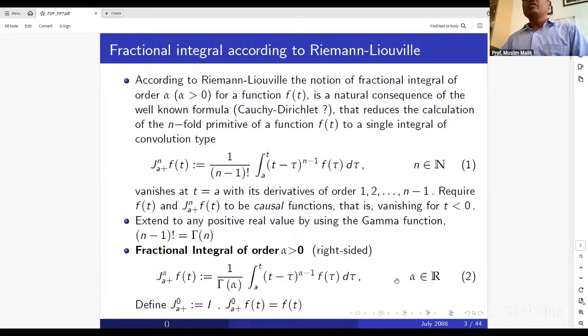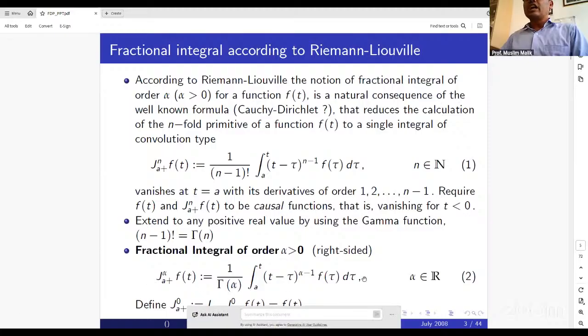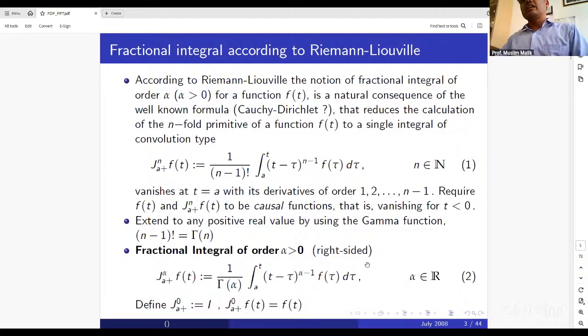Okay, so in this way this is called the right-sided fractional integral of order alpha. We can see that if we just take t equal to 0, then this becomes the identity operator, and if we apply the identity operator on some function, we get the function itself.